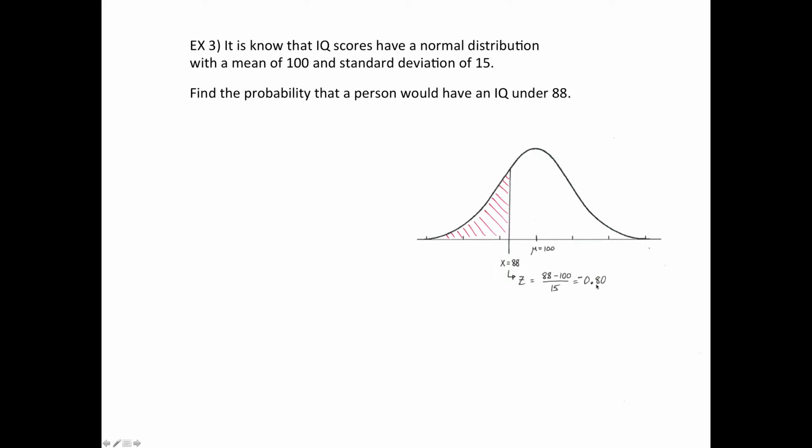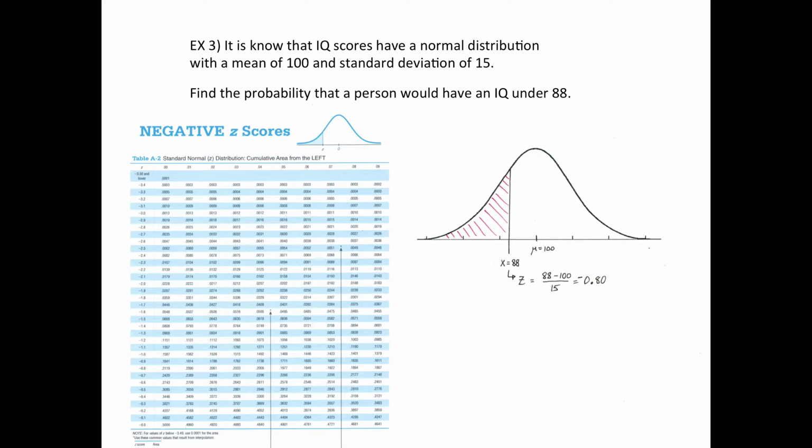So this time we need table A2, but the negative z-scores. So look up a negative 0.80, and that's going to be this one right here, 0.2119. Sorry, 2119.